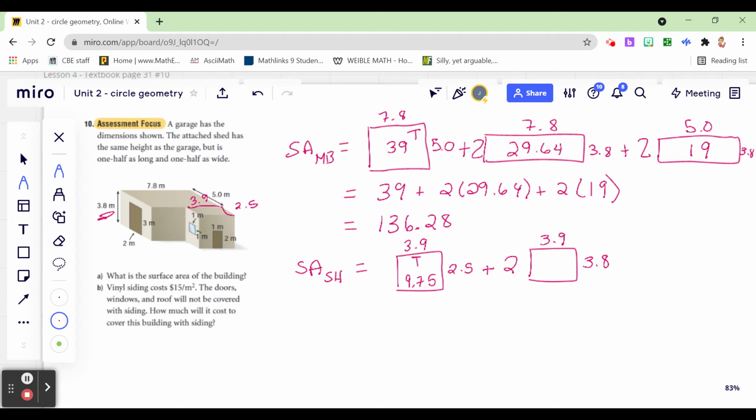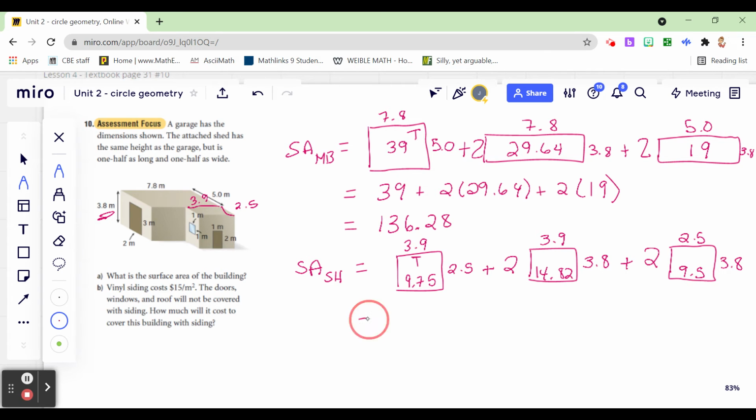Okay, so this ends up being 14.82 when I multiply it, and then I'm going to add 2 more, and that's the side of the shed, which will be the same height, 3.8, and the 2.5 width. So when I multiply that, I am going to get 9.5 for that.